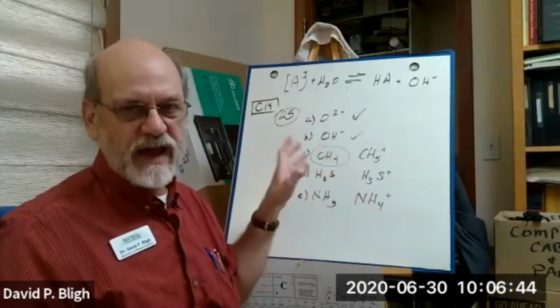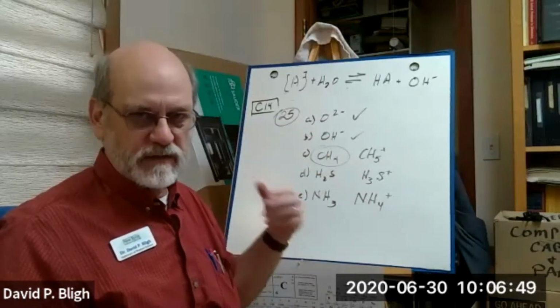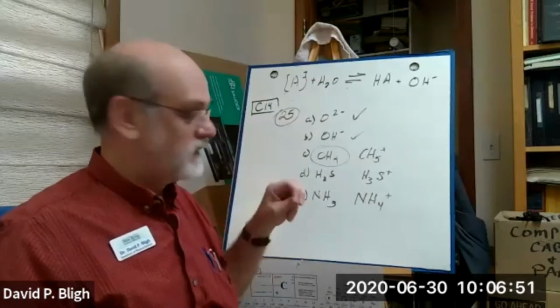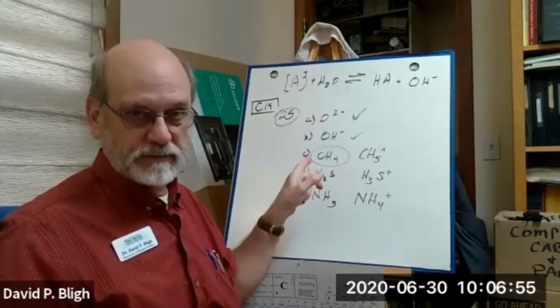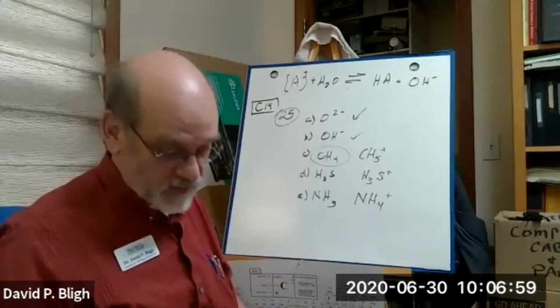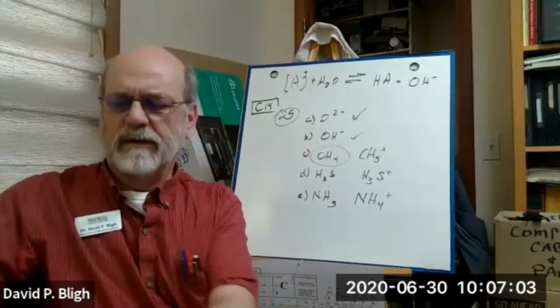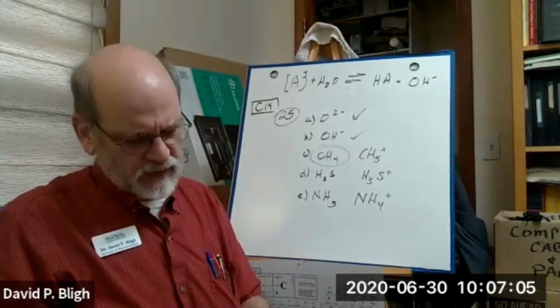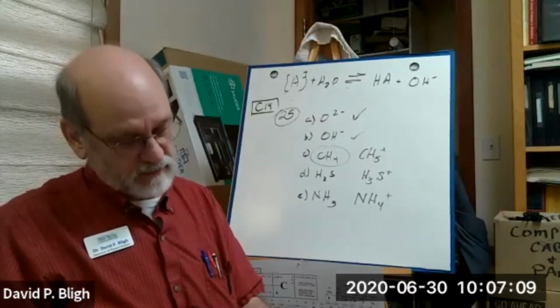Its octet is satisfied. It doesn't want to give up, it doesn't want to receive any protons. And conversely, it doesn't want to do that with electrons either. I'm not explaining it too well. Let me see when I have time to think and write it down, that's the best time.